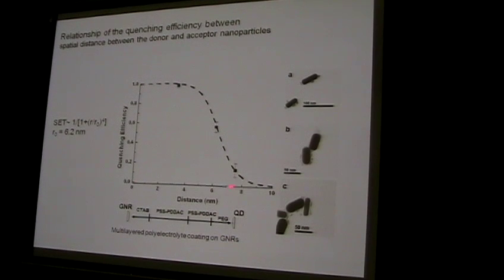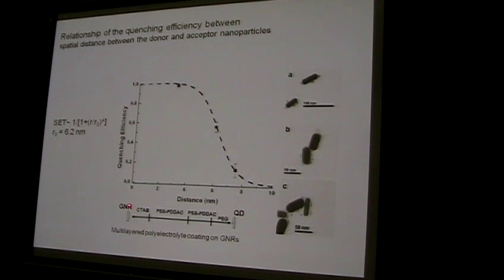We measure the quenching efficiency, and then we get these curves, and this curve fits very well to the theoretical 1 over r to the fourth power. This is a theoretically predicted effect, and it is consistent very well.